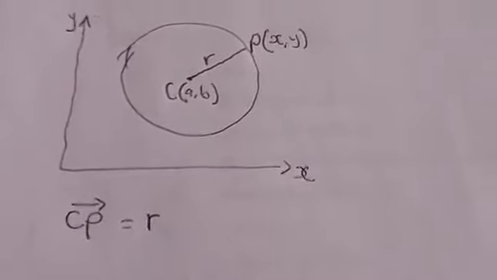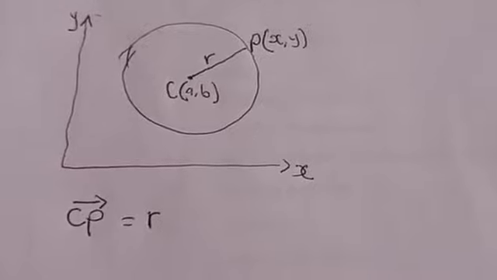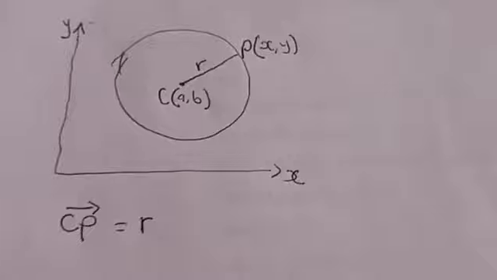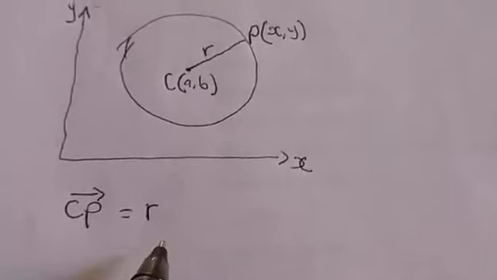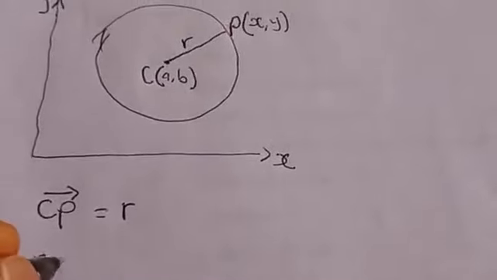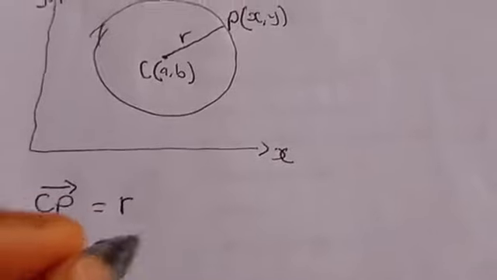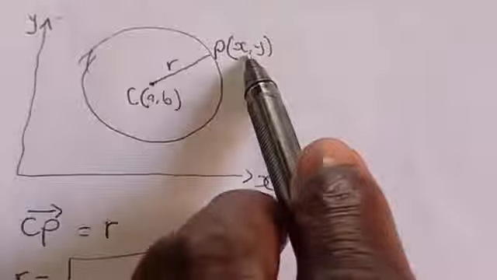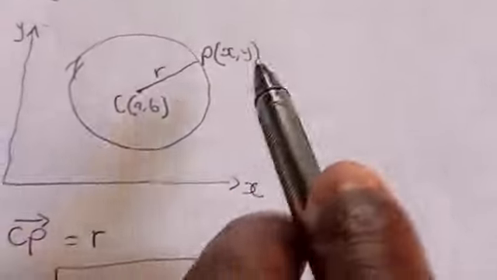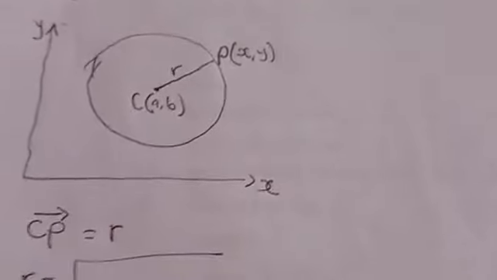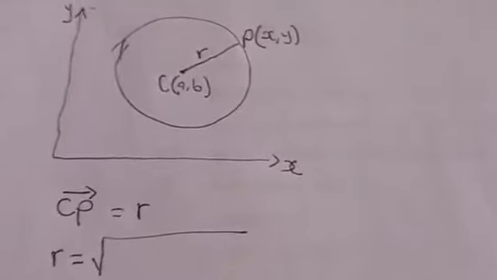And from our previous topic on distances between 2 points, for us to find this R, we are going to have R equal to the square root of (x minus a) squared plus (y minus b) squared, like x2 minus x1, y2 minus y1 that we did previously.